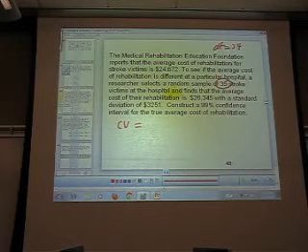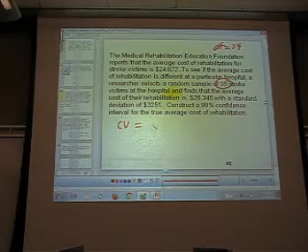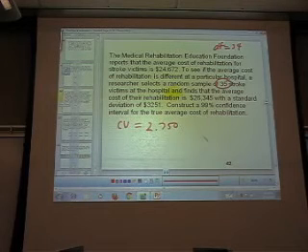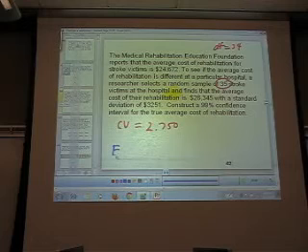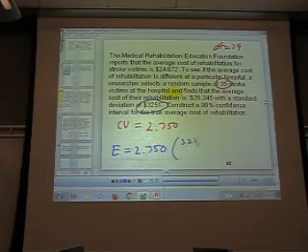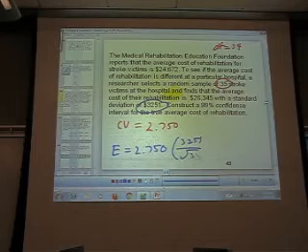It's a confidence interval, so what's your critical value? 2.750. Okay? And then your error is going to be 2.750 times S over square root of N. S is 3251 over square root of 35.